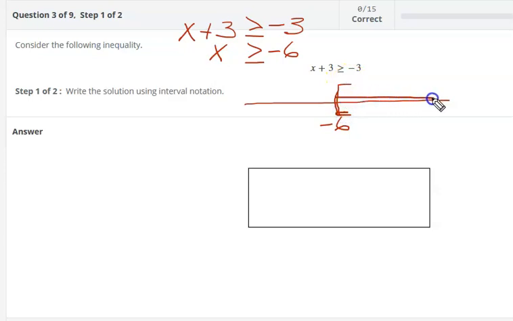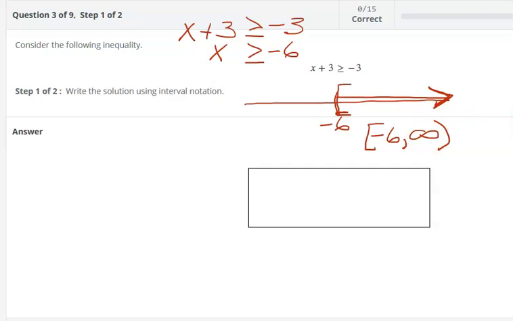And then we indicate that this is going to go to positive infinity. So in interval notation, it will be a bracket, negative 6, comma, positive infinity.